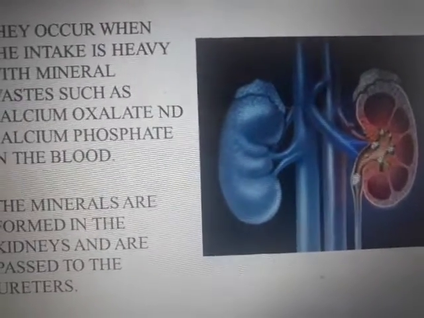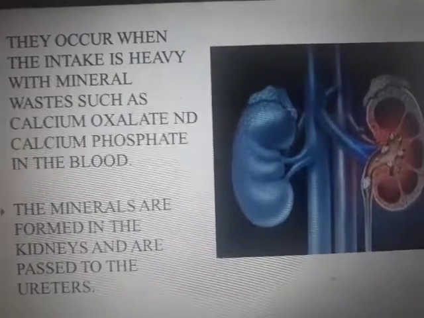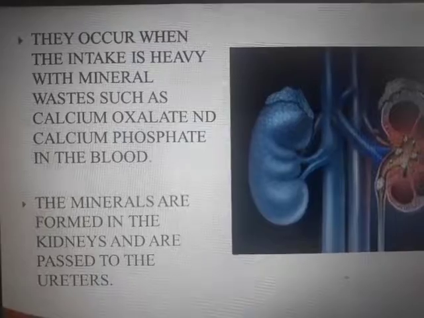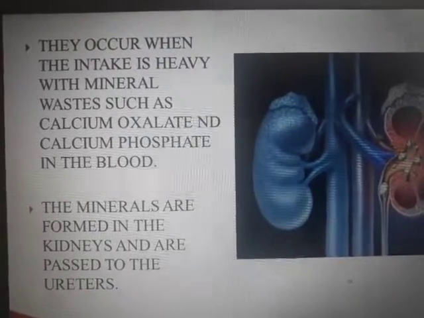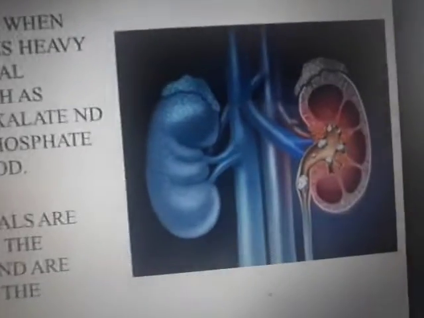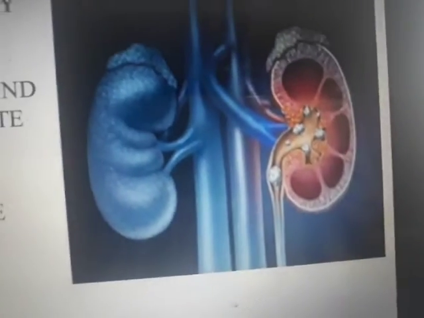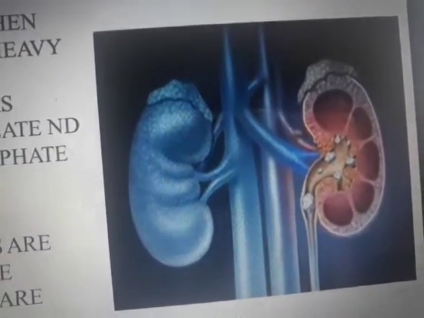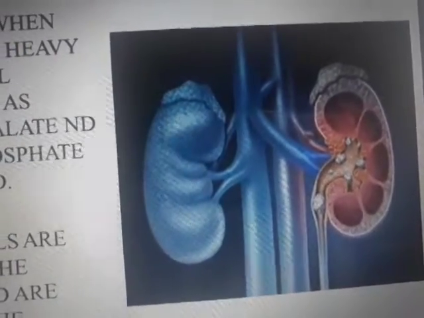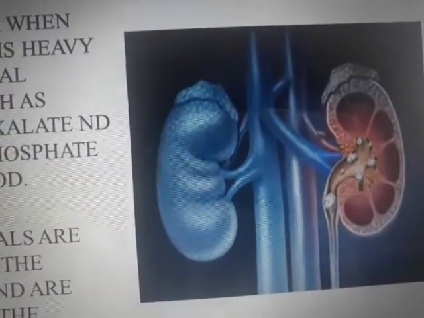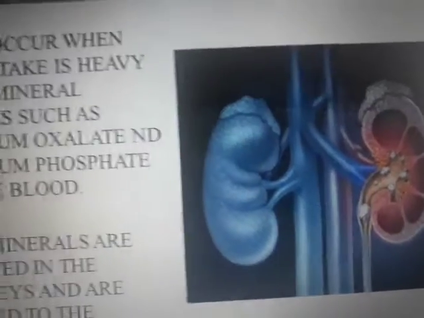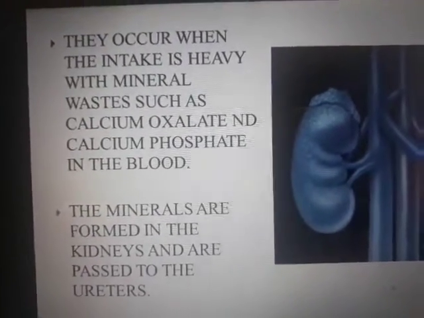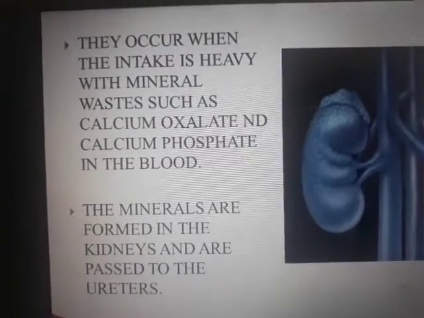Calcium is good for bones basically, but if it is more and the kidney is not able to filter it, it starts accumulating inside the kidneys, because it is too heavy for the kidneys to filter. It starts accumulating and finally turns into a hard, bone-like structure which the kidney won't be able to filter at all.